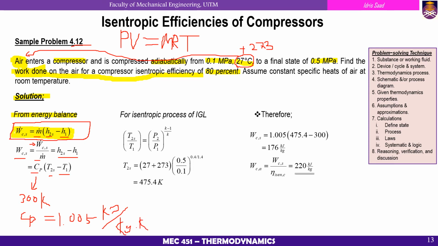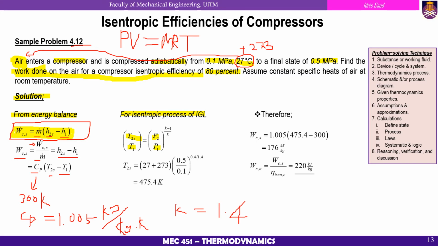This is the value of Cp. Please refer to the book. Also, we know the isentropic process for ideal gas: as I mentioned earlier, T2S divided by T1 is equal to P2 over P1 to the power of (k minus 1) over k. Similarly, if you look at the table, the specific heat ratio is equal to 1.4. This value is not given in the question, but you have to refer to it in the table.